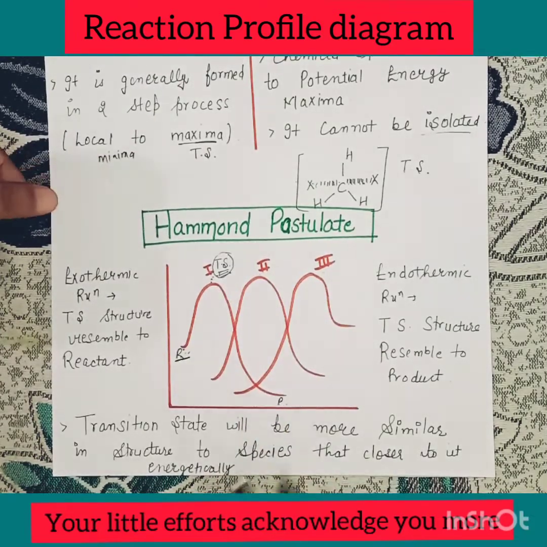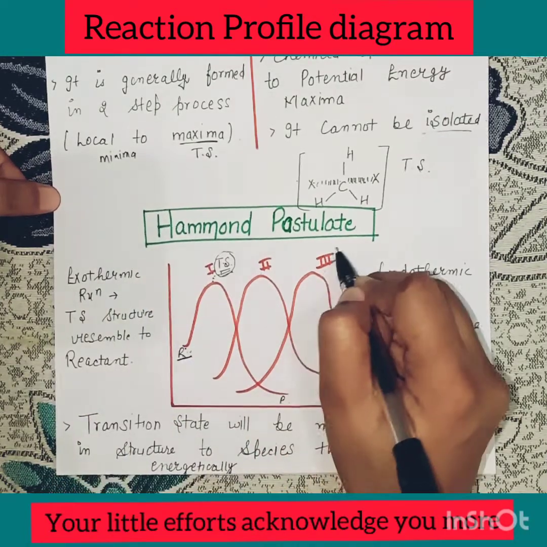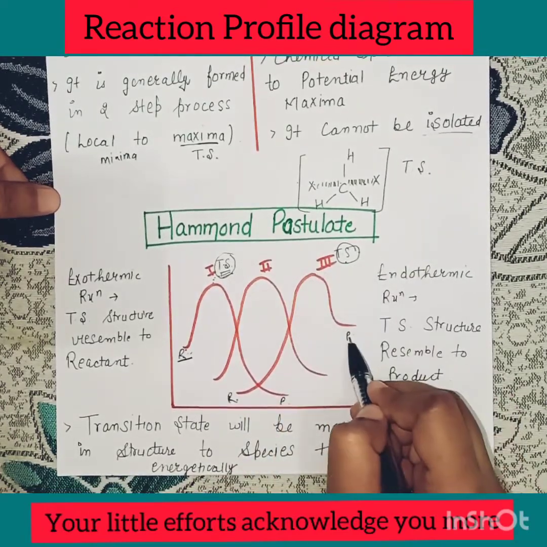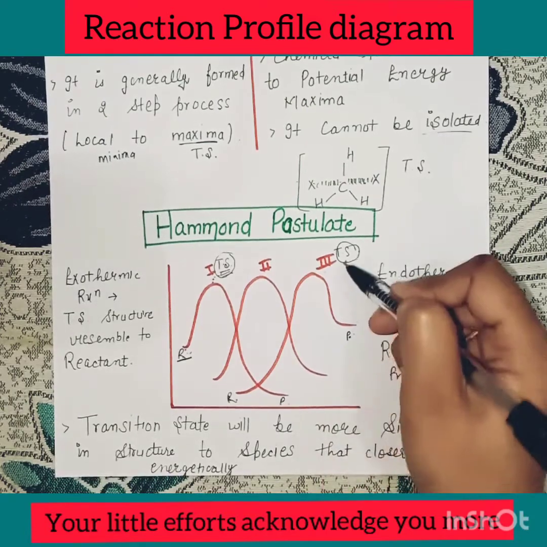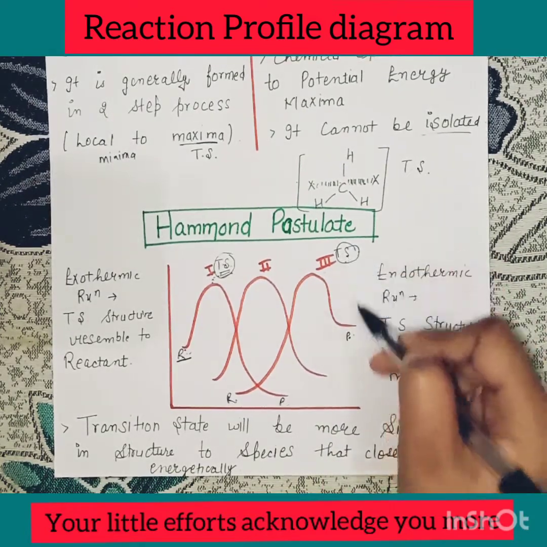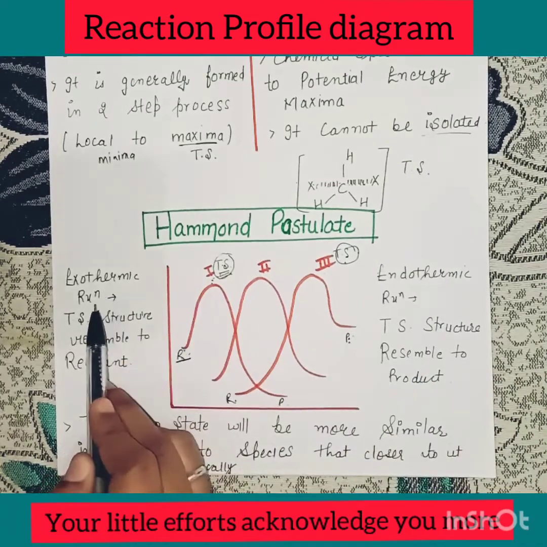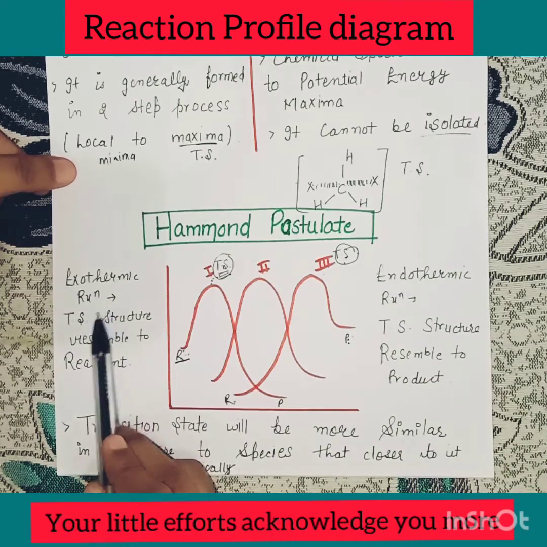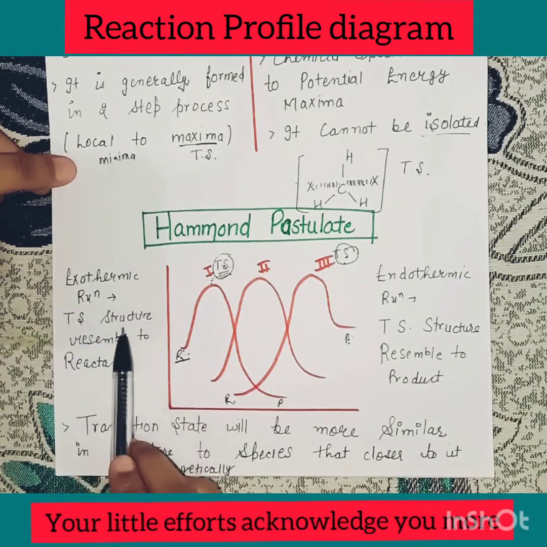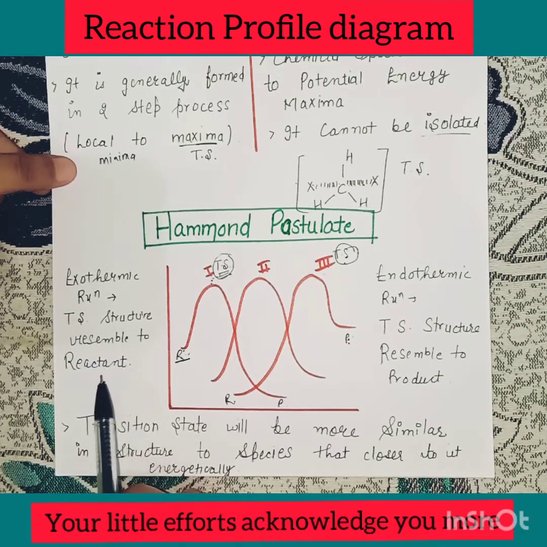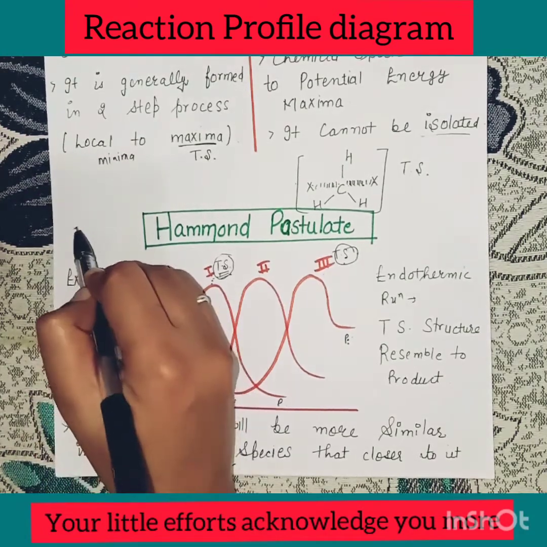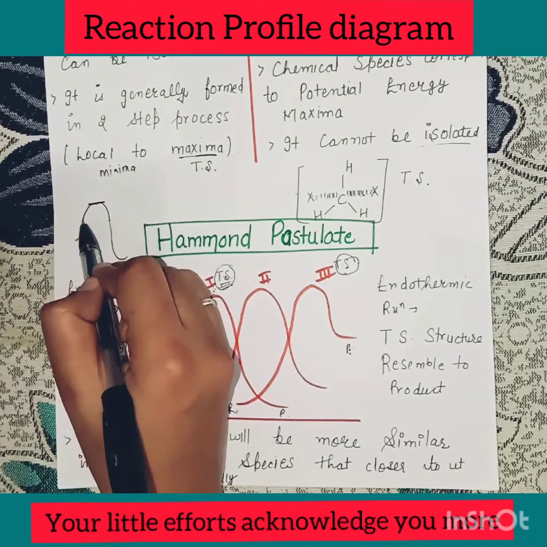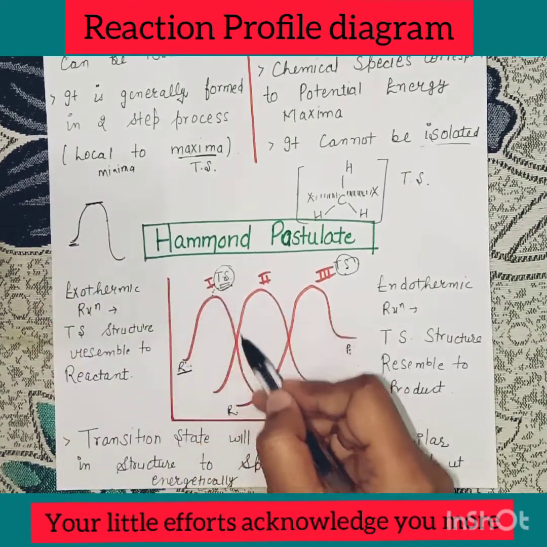Okay, so guys, now this is transition state and this is our product, this is reactant. Now transition state is more closer to product. Okay, so transition state structure resembles more to this product. One we have exothermic reaction and one we have endothermic reaction. In exothermic reaction energy is released out, so transition state structure resembles reactant because in exothermic reaction this type of diagram we have, and transition state is energetically more closer to reactant as in this diagram.